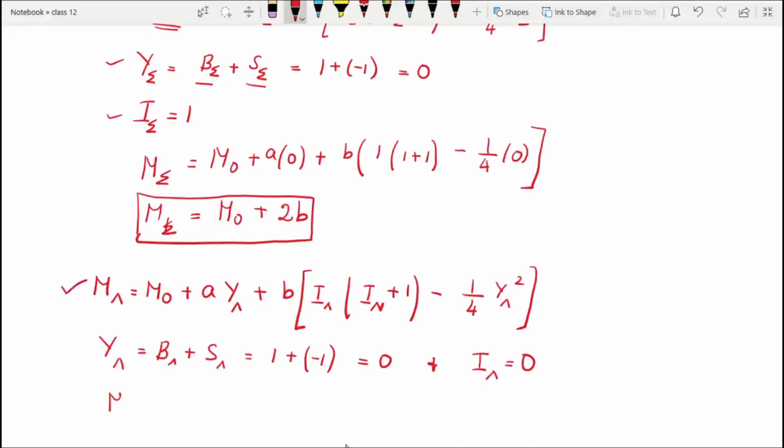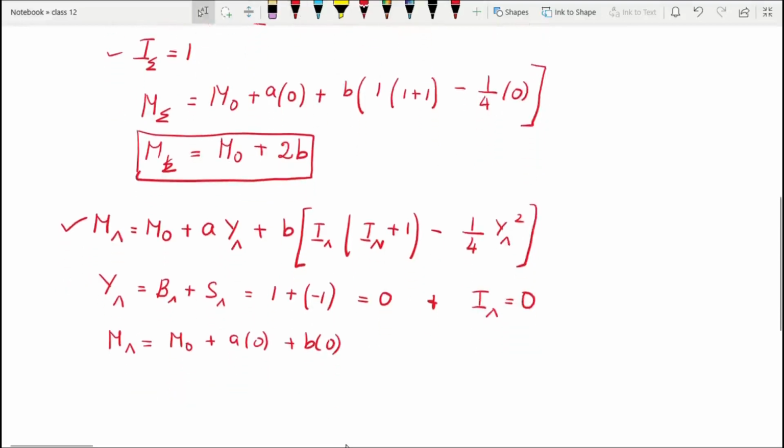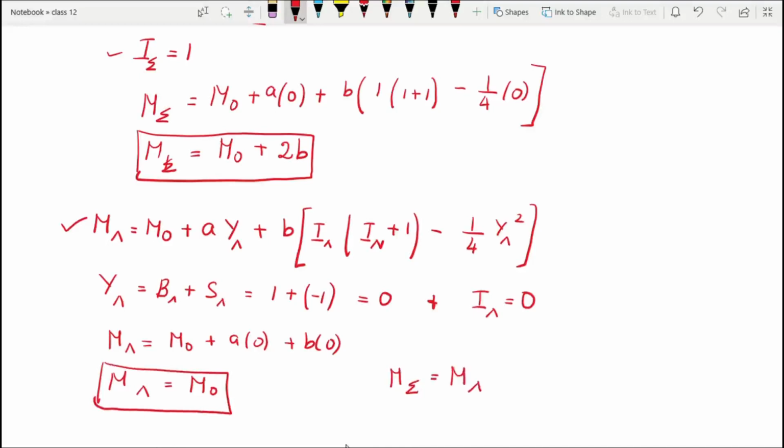So we will be getting m of lambda is equal to m naught plus a of 0 plus b of 0. So this implies mass of lambda is equal to m naught. Right? It is given in the question mass of sigma is equal to mass of lambda.